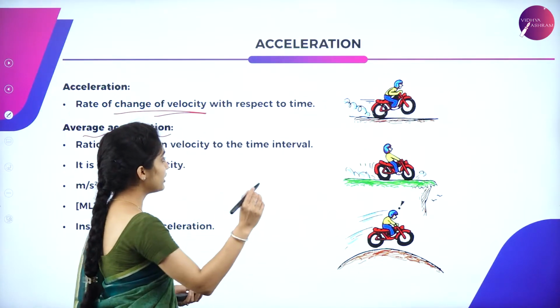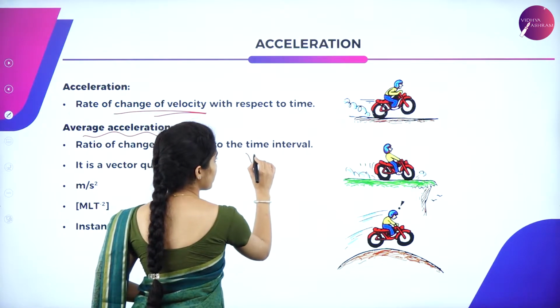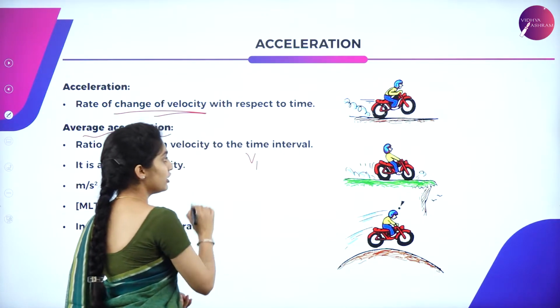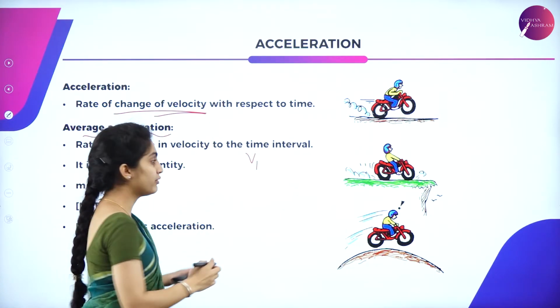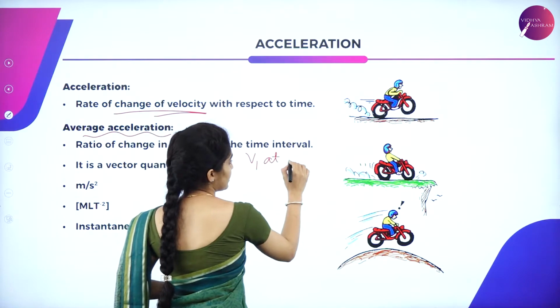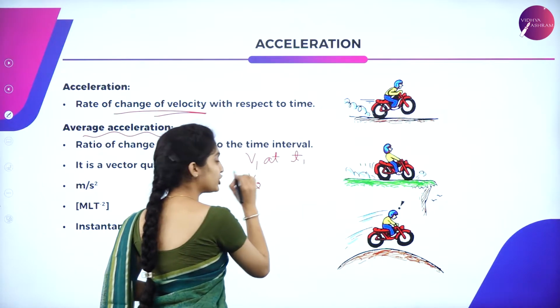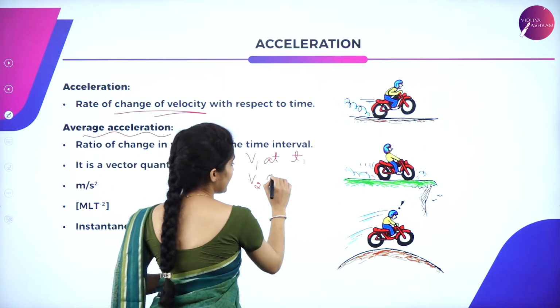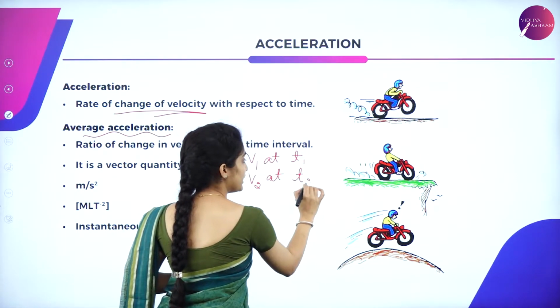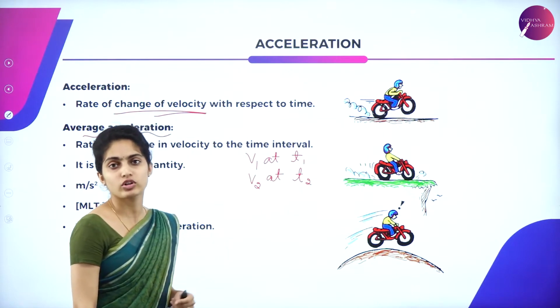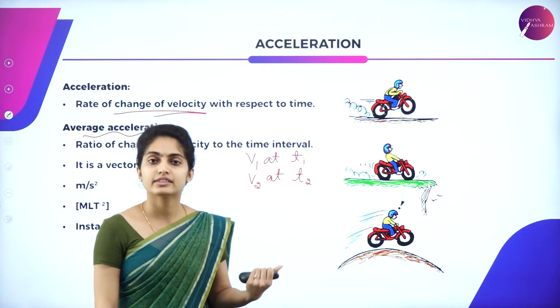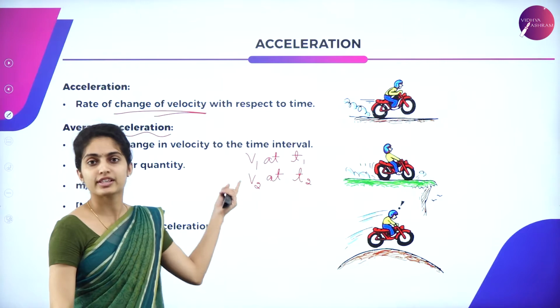So for example, if I consider the change in velocity, the velocity of an object is v1 at time t1, and the velocity of the same object is v2, that is the final velocity, at time t2. Initially it has v1 velocity at time t1 and final velocity is v2 at time t2.